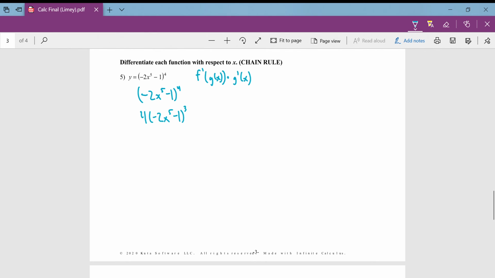And then next you take the derivative of the inside, which is just negative 10x to the 4th. And then if you really just want to simplify, you just multiply the negative 10 by the 4, and then just throw the inside bit right there. Boom.